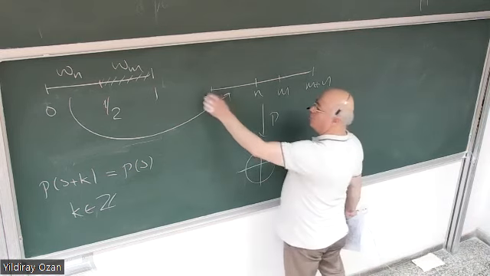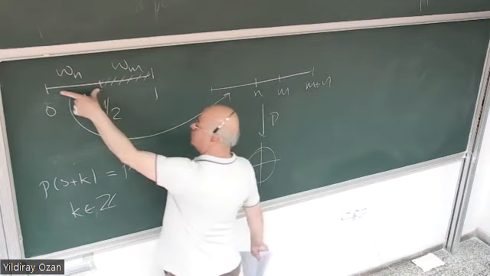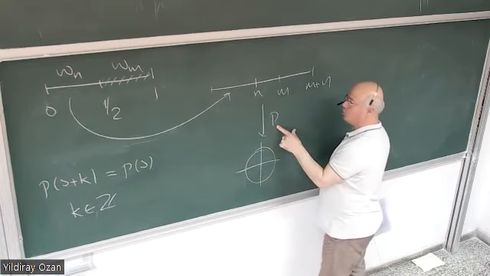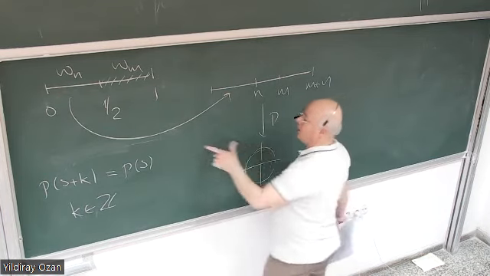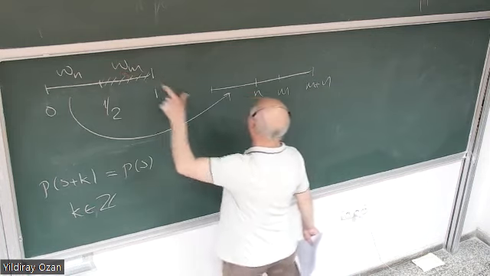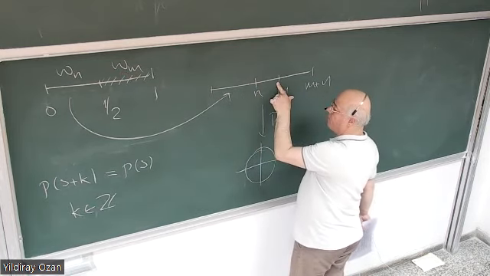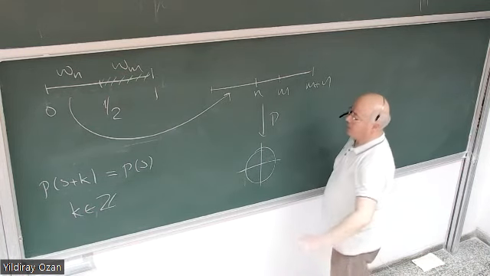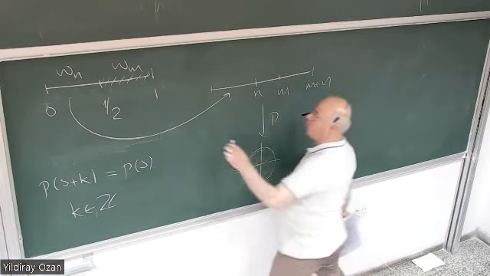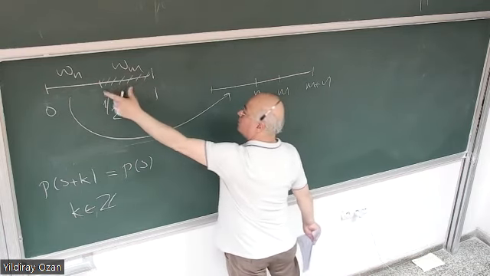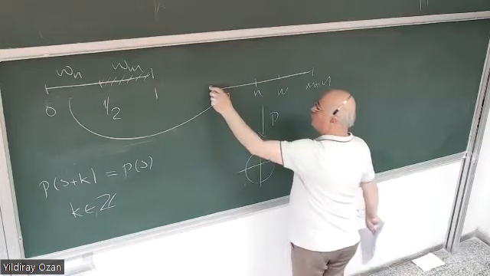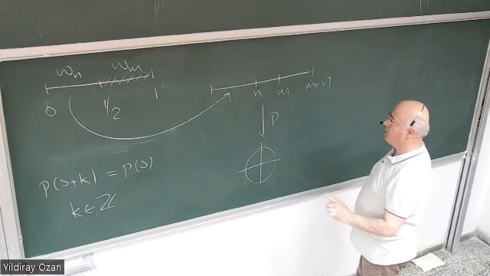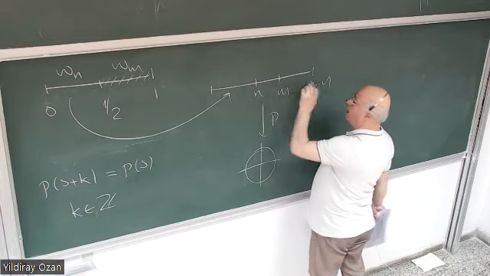Wn is you map here this half interval into 0 to n, and then you just compose by p, and then this interval is mapped 0 to m, and then composed by p. But you see, instead of mapping 1 over 2 to 1 to 0 to m, I can just map it to n to n plus m.